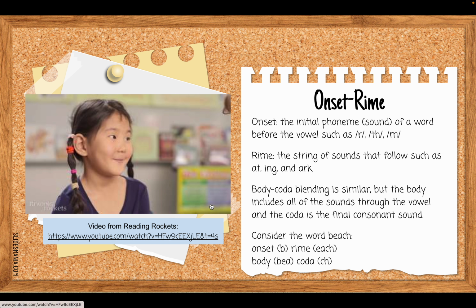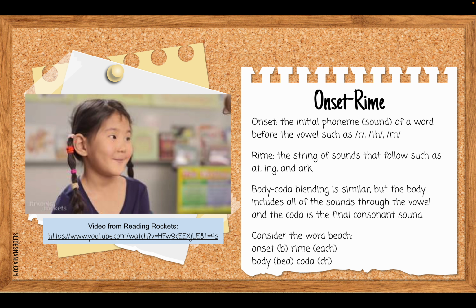And so it's interesting to watch this video because she does struggle with the onset and rhymes and is more successful with the body coda blending of just focusing on that final phoneme.